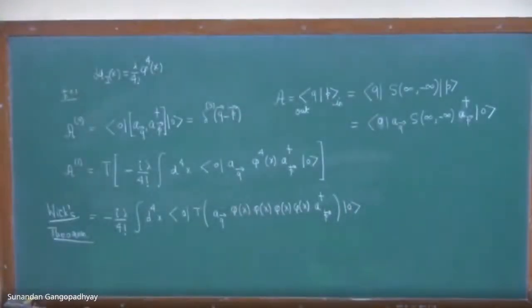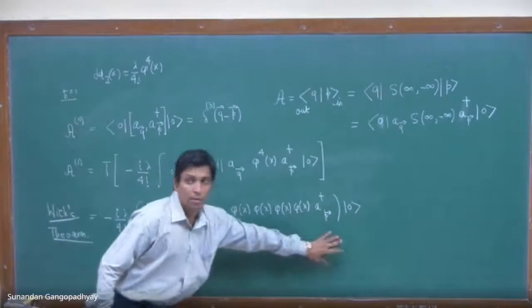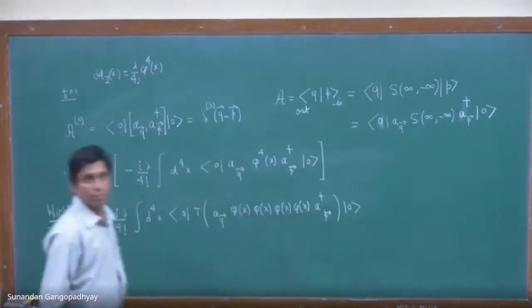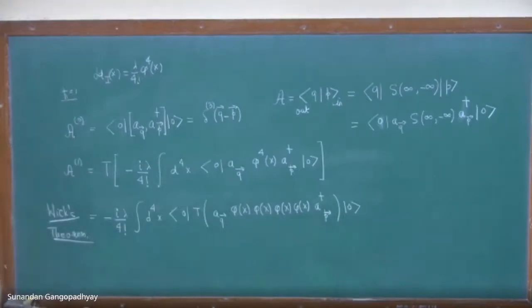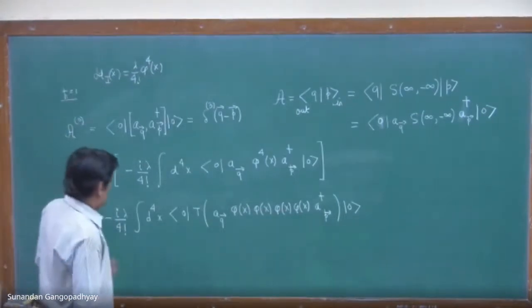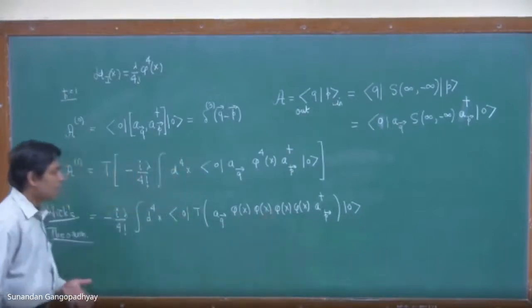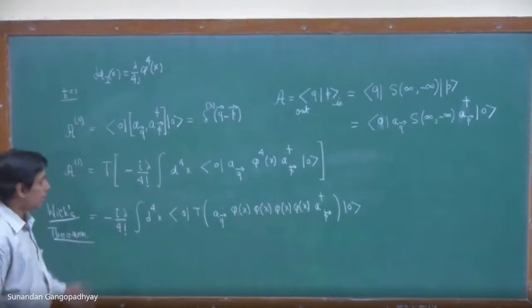Can you see the board now? Yes, sir. So this is A1, and A1 is this. Since all these are free fields, this is the free vacuum, the state of minimum energy of the free part of the Hamiltonian. So you can apply Wick's theorem here, and you can see that there will be two kinds of terms.